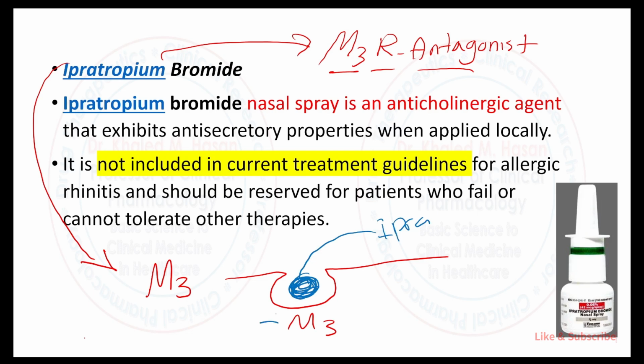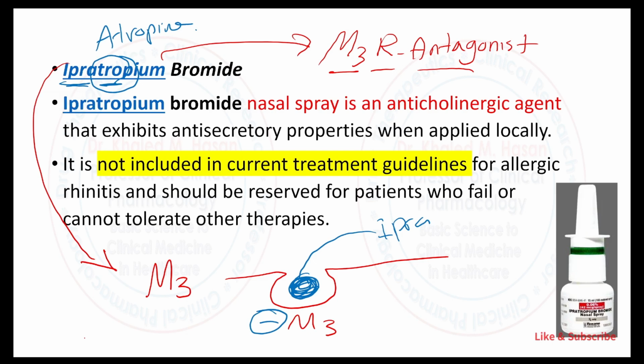It's a muscarinic blocker. If you need to remember more, we have Ipra, then we have Trop. Trop stands for tropine, so this one is derived from atropine.